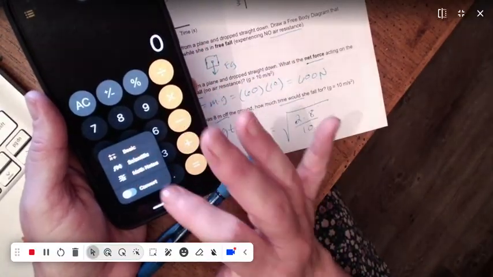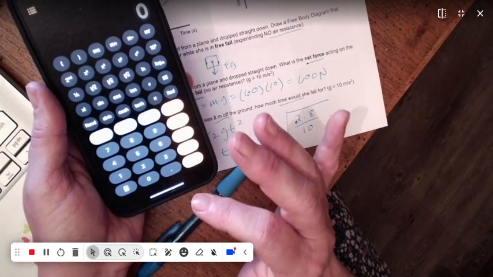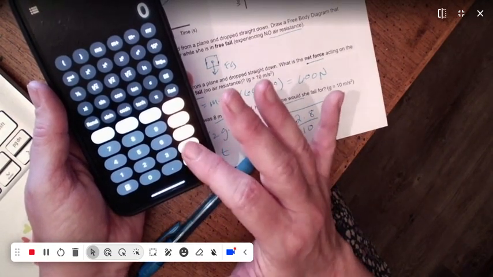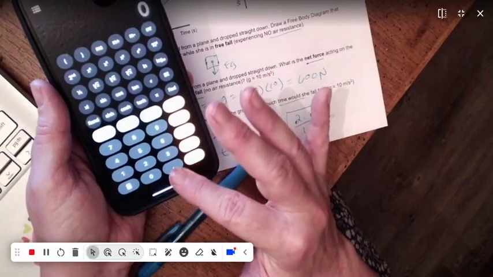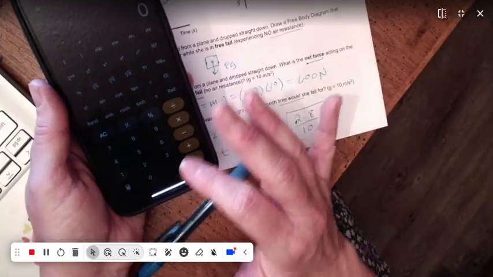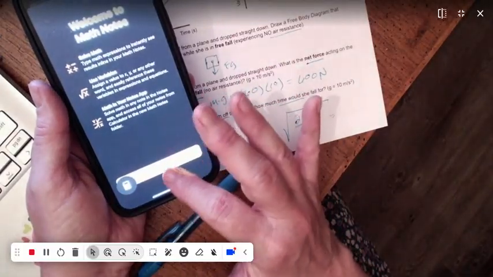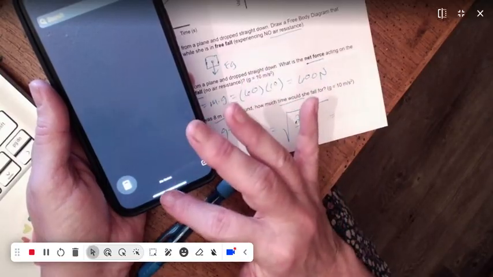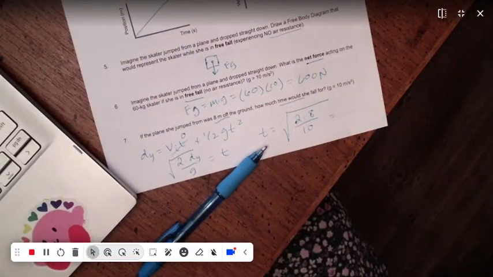I don't know which one is the square root though. That's really annoying. I'm just going to Google square root of 1.6.